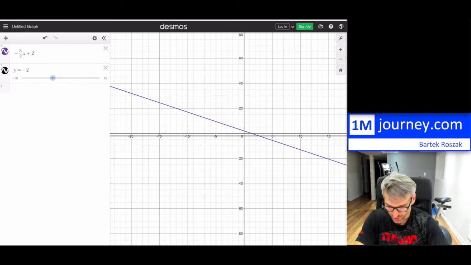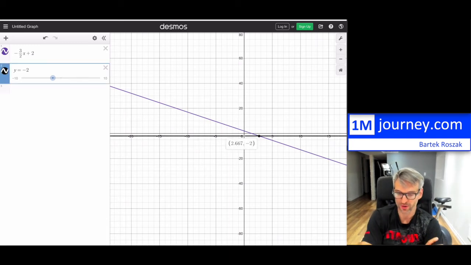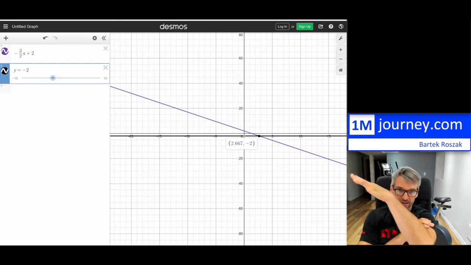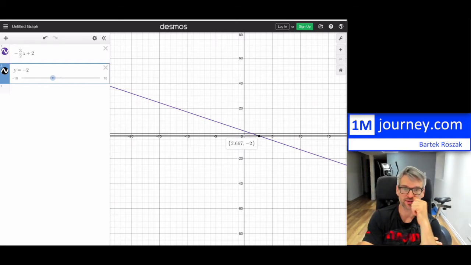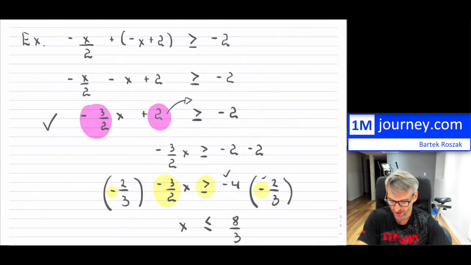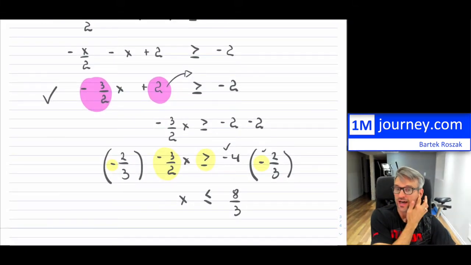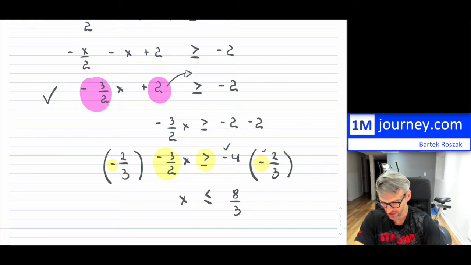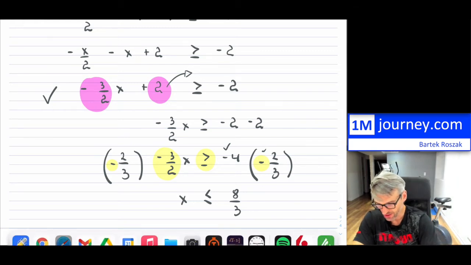Well, notice if I go all the way over here, that line is above, starting at 2.66666, which really is the 8 over 3 that we found. So if I go back here, our answer was that x has to be less than or equal to 8 over 3, which is exactly the case here.